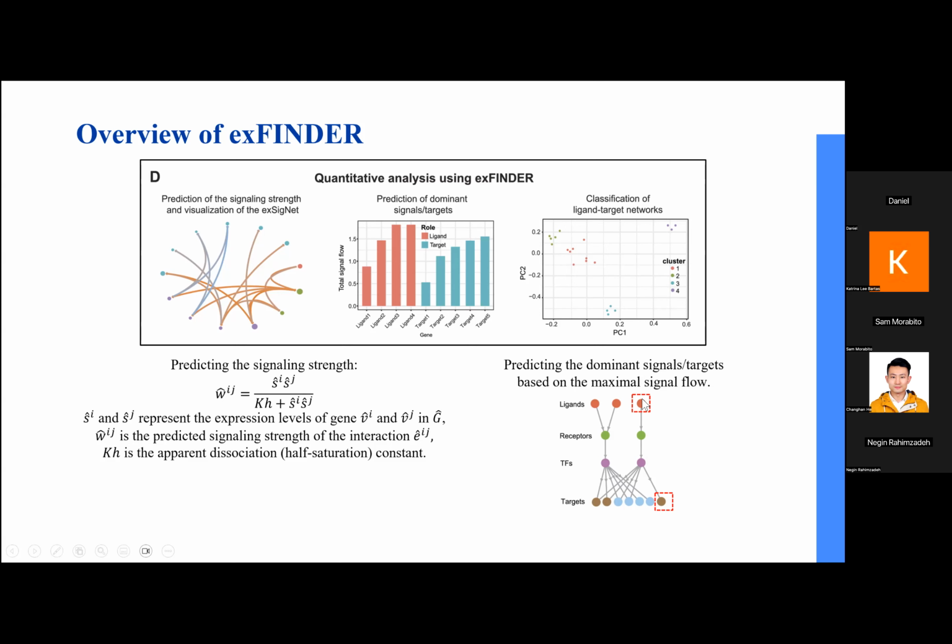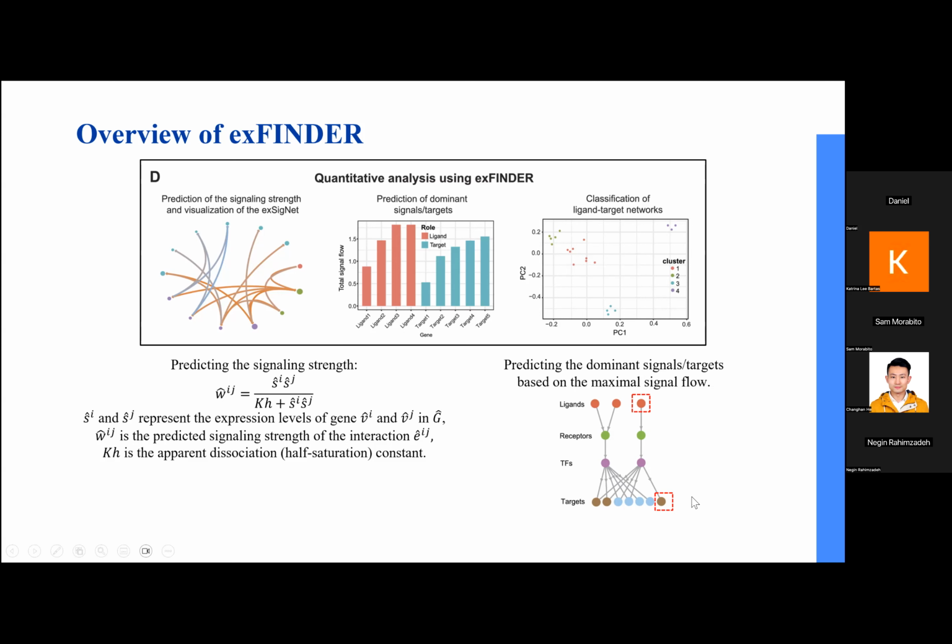Here it's a very simple network with just one receptor and one TF, so it's just a chain. But usually we have multiple receptors and a lot of TFs that can connect a ligand-target pair. Then we can convert that into a math problem: calculating the maximal possible flow between these two.